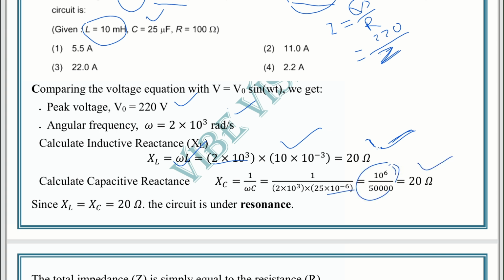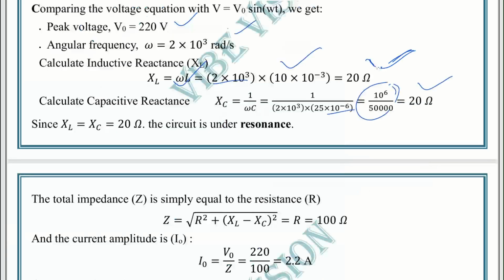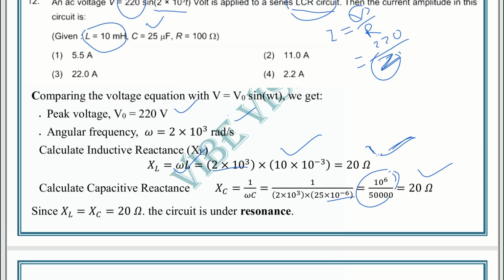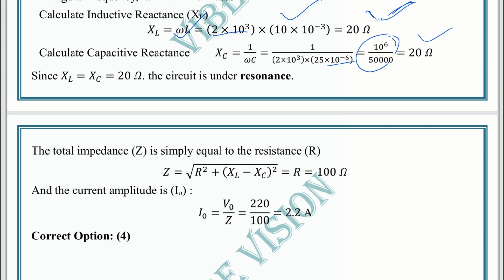And we know when XL and XC are equal, the circuit is in resonance. To find Z, we know the formula Z equal to the square root of R square plus (XL minus XC) square. We found XL equal to XC, so this term becomes 0, and only the R square term will be there.